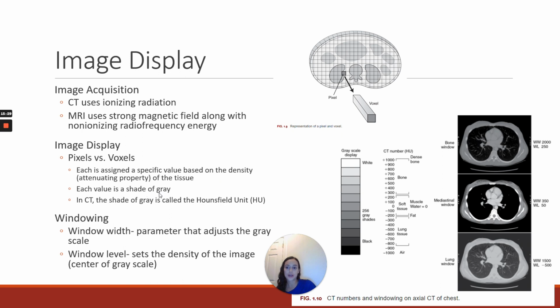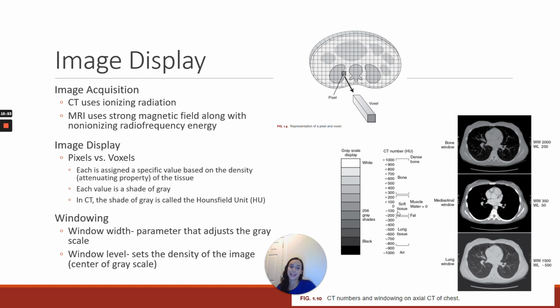Each value is a shade of gray, and in CT, the shade of gray is called a Hounsfield unit. It is very important that you know that Hounsfield units are basically referring to different shades of gray. When the Hounsfield unit is negative 1,000, the color is black. When the Hounsfield unit is positive 1,000, the color is white. And when the Hounsfield unit is 0, it's water.